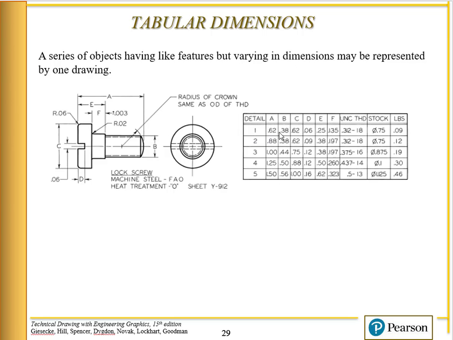B would be the thread diameter. C is the head diameter. So we have one simple drawing, but by using details, 5 different parts are actually detailed with this. This is used a lot in tool design. It's probably not something we're going to see too much in this class, but it's something you could use for your drawings if you needed to.